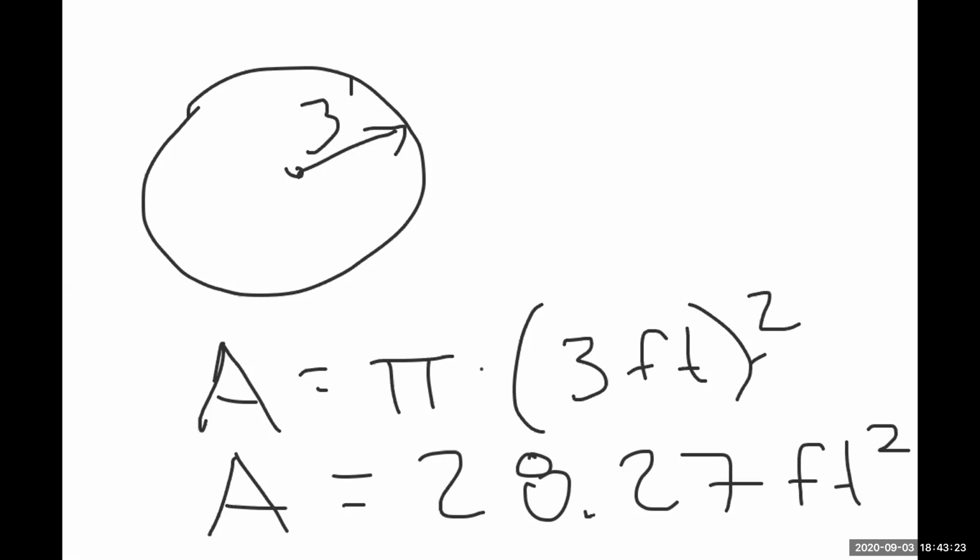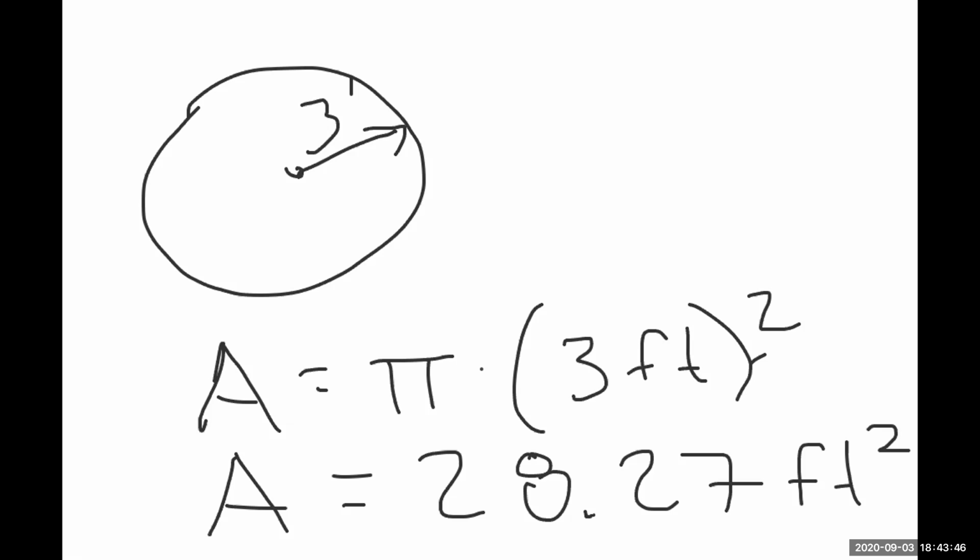So I took 3 times 3, which is 9, times the ratio of pi, which is 3.141593, and that equals, in a long decimal, 28.2743. We always round to the hundredth, meaning the second decimal place, okay?